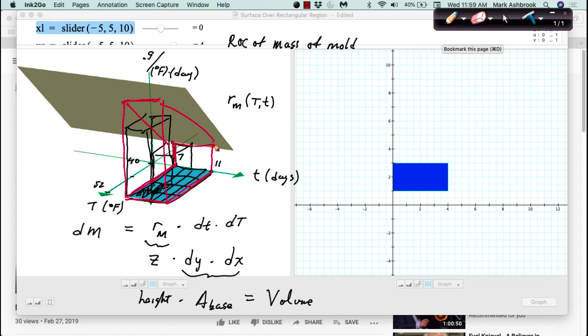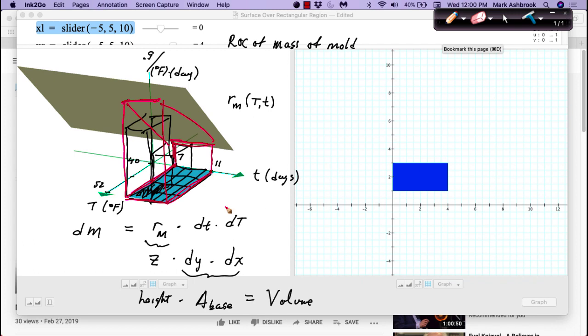So as we take more and more of these, we get closer and closer to the volume of that red solid, which will be like the real mold mass over that time. If you're going back to the rate of change and accumulation example, the volume of that red solid will be the same as the mold mass accumulated between 40 and 52 degrees Fahrenheit over those 4 days.